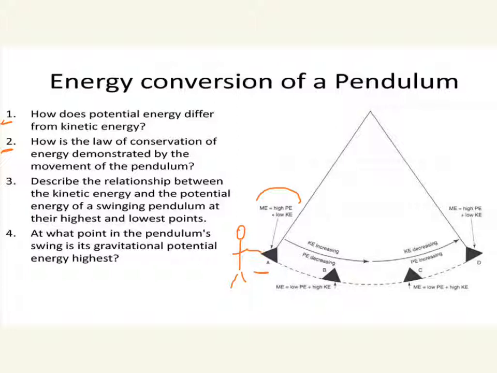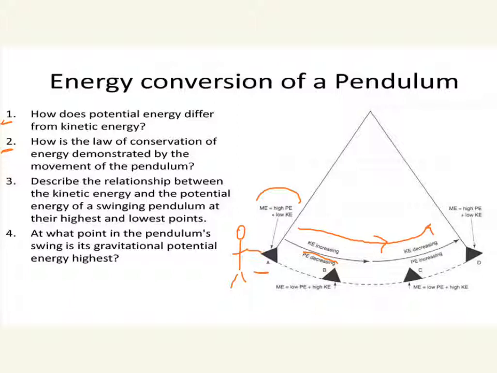Now, as that person lets go and we start going this way, we can see right here that our kinetic energy is increasing, so it's starting to move faster, and therefore our potential energy is decreasing because it's not stored as much anymore. Then as we start going along this process, we can see that our kinetic energy is starting to decrease, so it's starting to slow down.